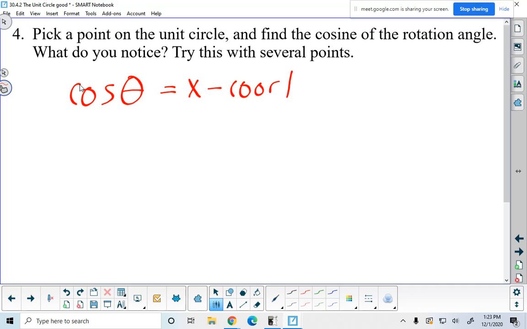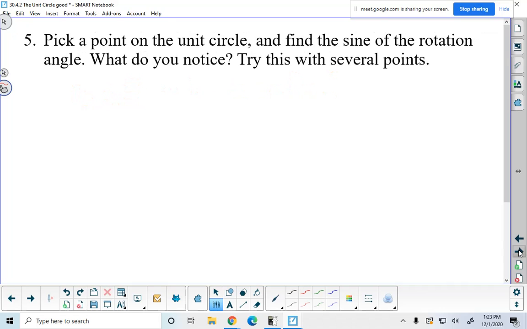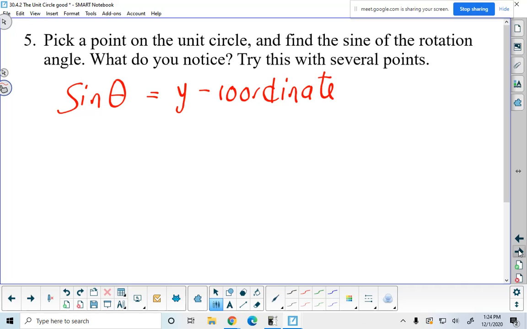And I'm going to shave a few more minutes off here because I think we're running a little bit over. If you try that with sine, you will discover that sine of the rotation angle will always give you the y coordinate. And that goes for any point.